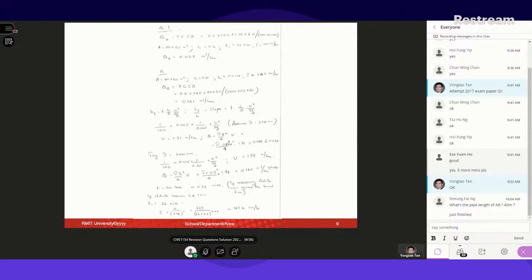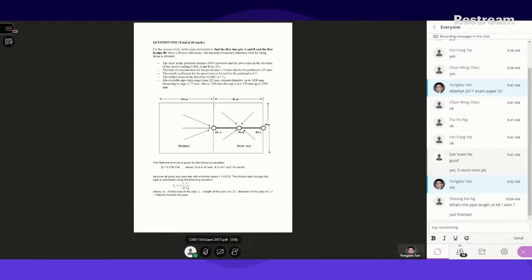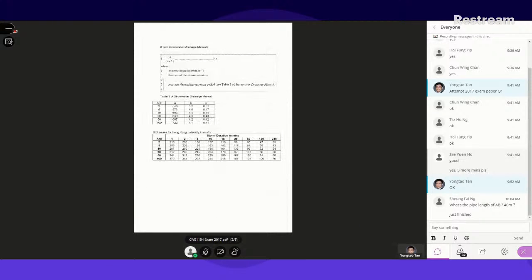I think I need to show you this one, because this I think is very important. Just to share this one. From page 2, the questions for the 2017 exam paper, you can find the ADF table.